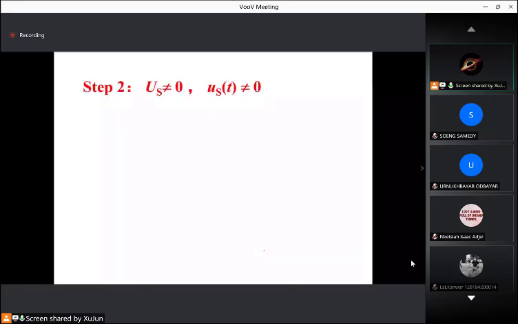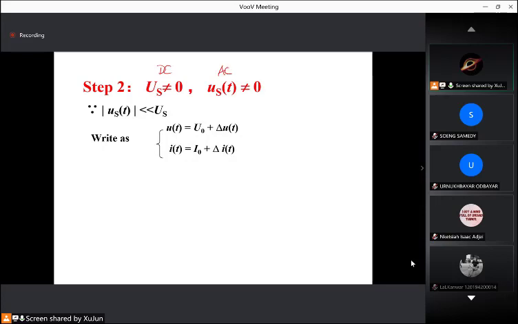Step 2. DC and AC work together. So the UT, IT, pay attention, the UT, IT. This is DC, this is AC. This is a linear resistor.